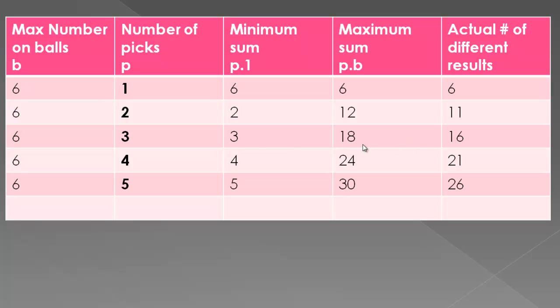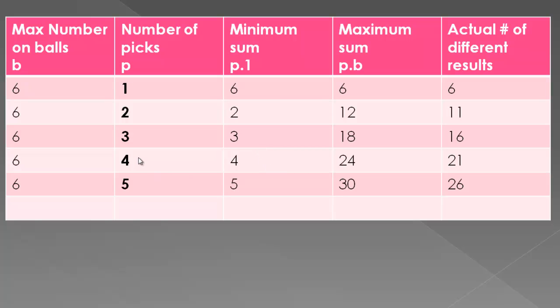It's 18 less 3 because 3 is the minimum sum, which is also of course the number of picks, but less 1 because the minimum sum is 3. So you've got to take away 2 from 18, since in this case you can't have a 1 or a 2 being the sum of the balls.